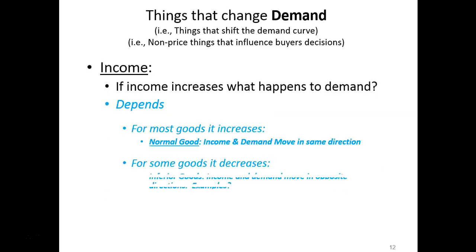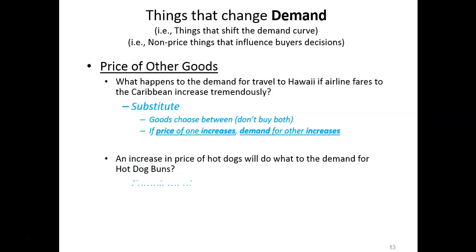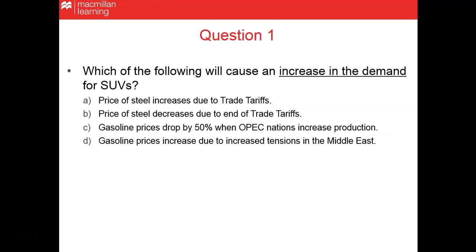That's the only time demand changes. If something that the producer or seller cares about, like the price of inputs to production, changes, that's not a change in demand. As we'll see, that's a change in supply. So keep the concepts separate.